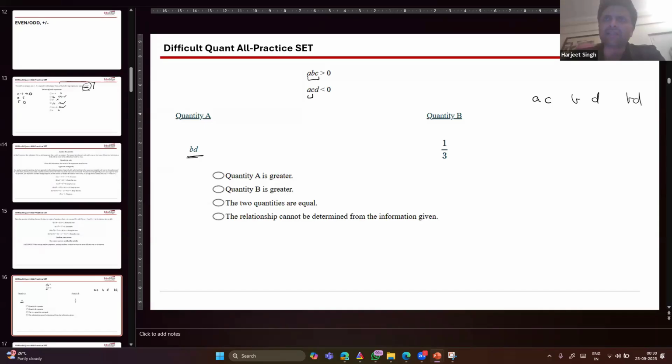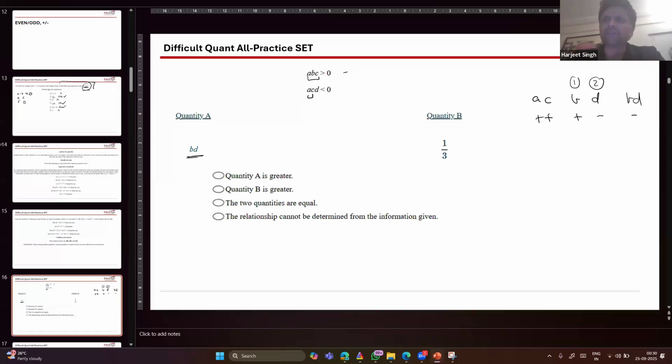So AC, let's put positive, positive. If they are both positive, B has to be positive according to the first equation. So I'll use the first equation for B, I'll use the second equation for D. Now AC both are positive, D has to be negative for ACD to be less than 0, correct? And BD is negative.